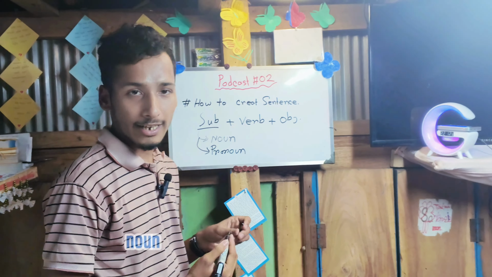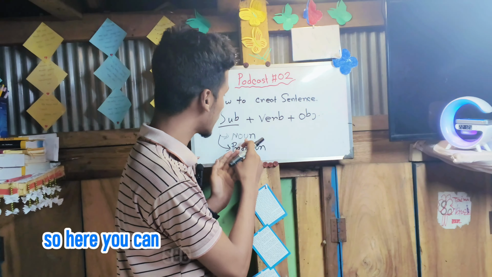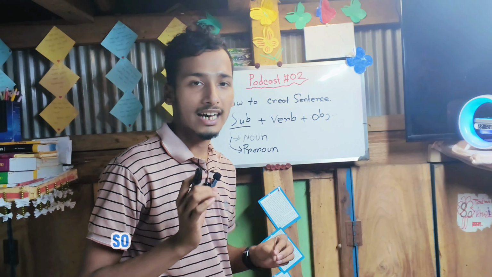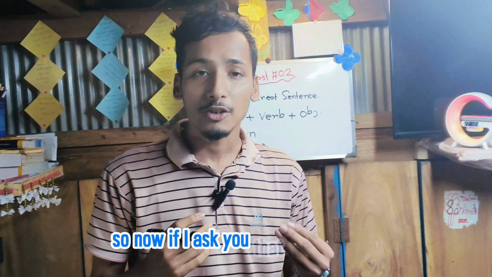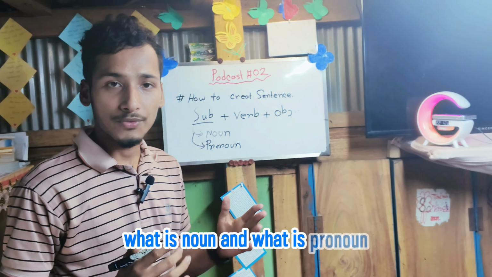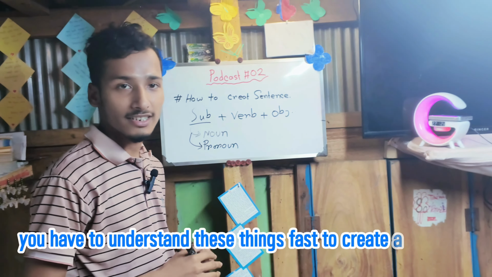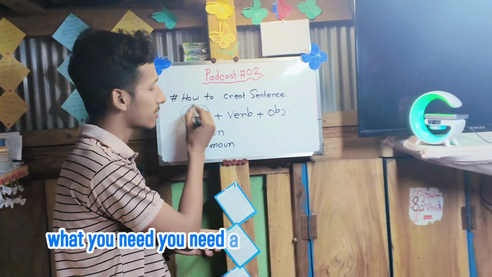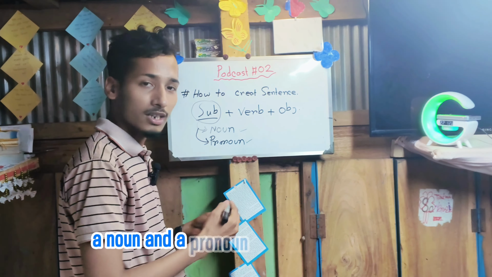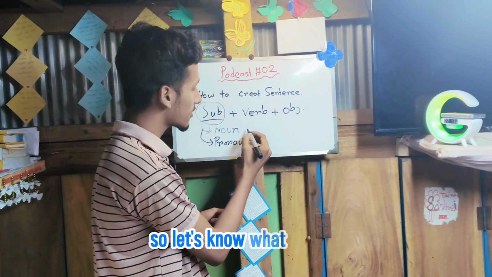Now if I ask you what is noun and what is pronoun, you have to understand these things. First, to create a sentence, you need a subject. And what is subject? A noun and a pronoun can be subject. So let's know what is noun.